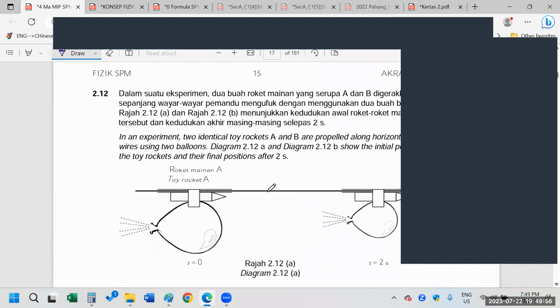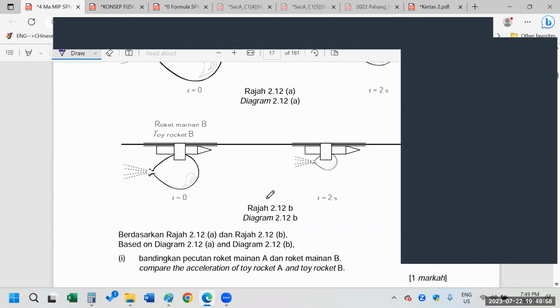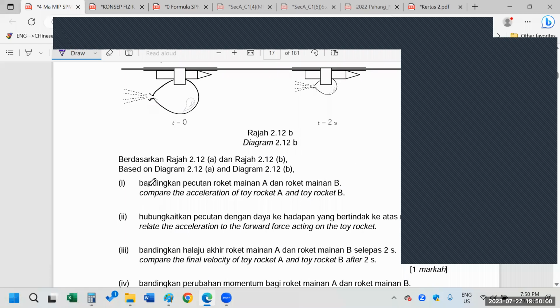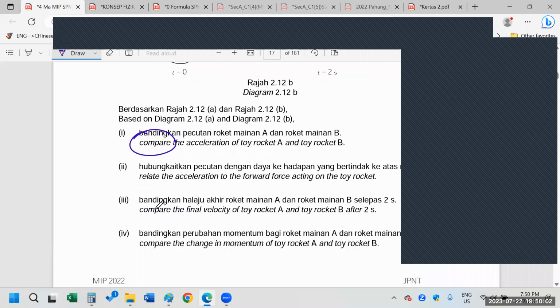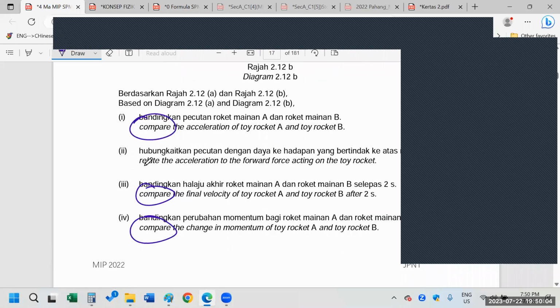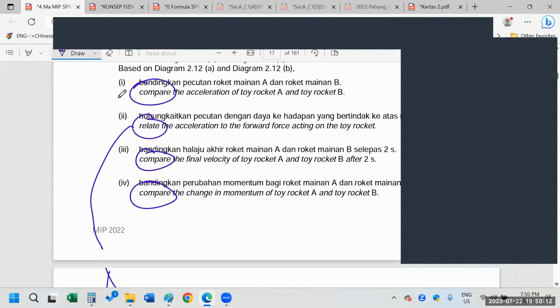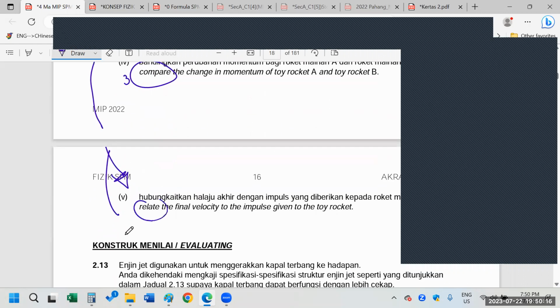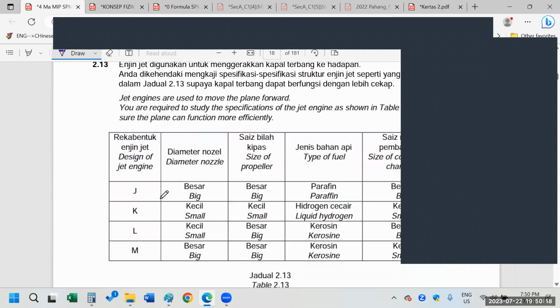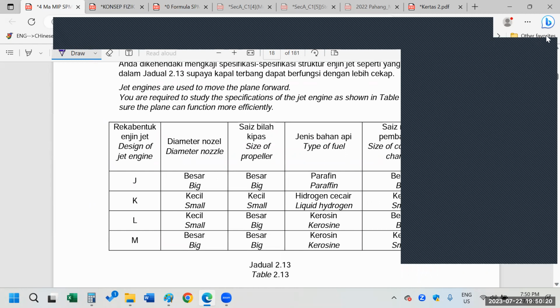Okay, so now the same thing, see, compare. Actually, this relate should be right here. First 3 compare, then relate. Okay, so now this one.